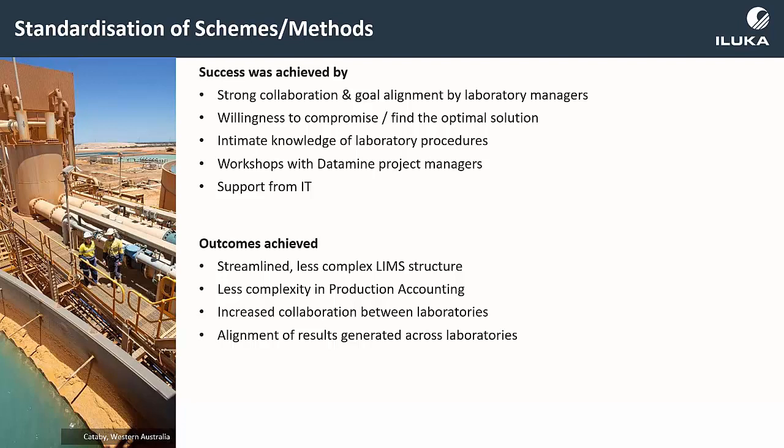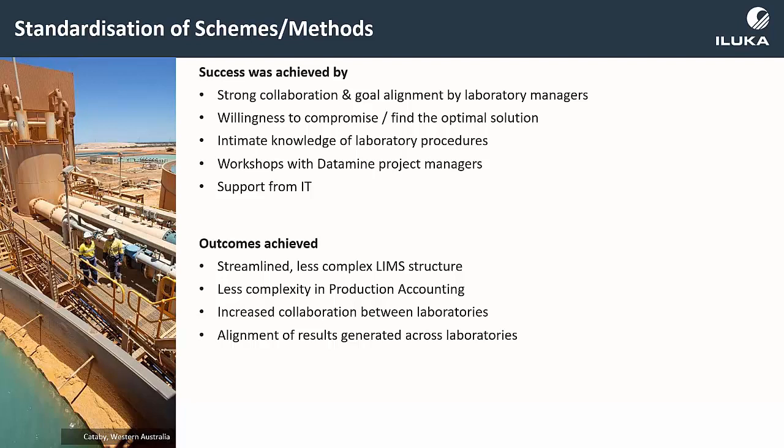And so what did it achieve? I didn't actually count the number of schemes that we've got, but we've probably got less than 100 now. So the complexity of our CCLAS system reduced significantly. It made it less ambiguous with the data that we were reporting to production accounting, and standardised a lot of our analysis between our laboratories.